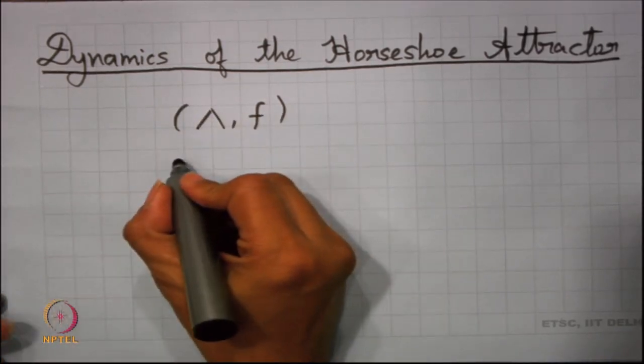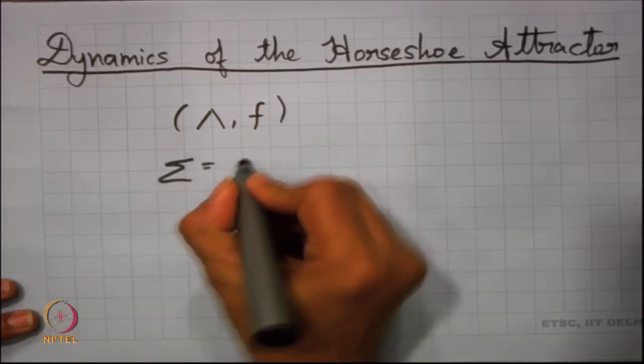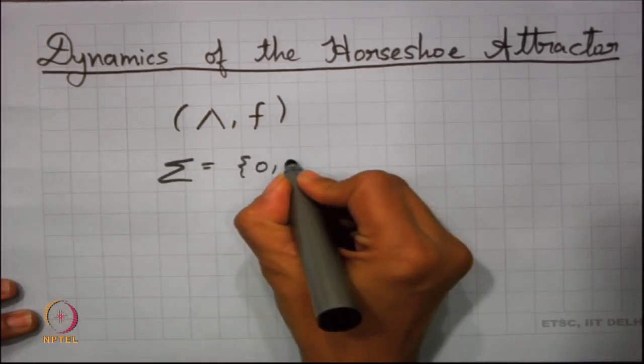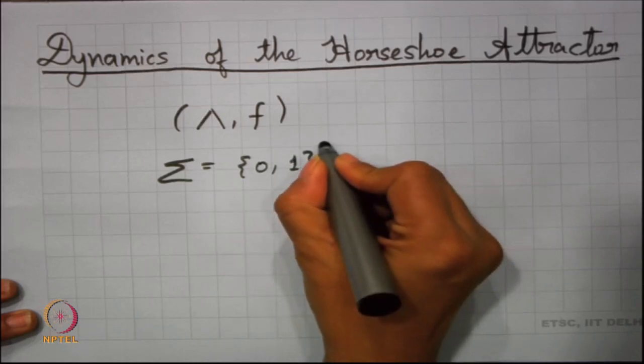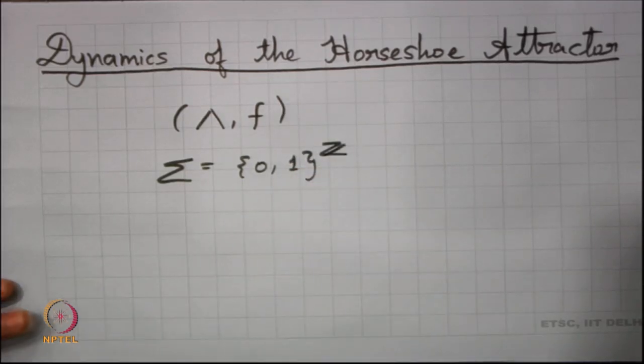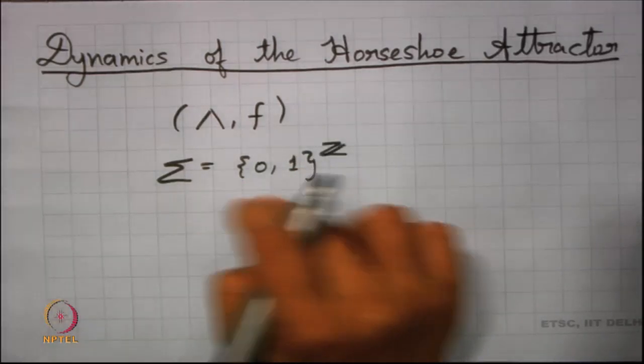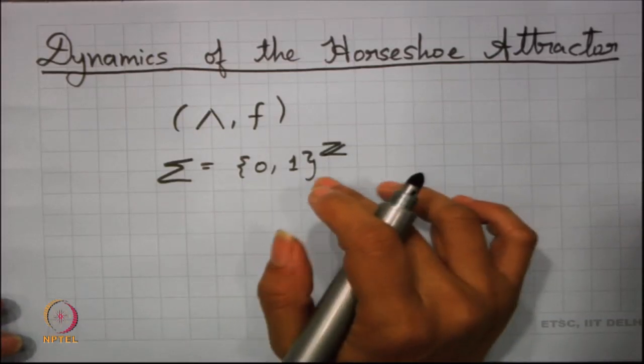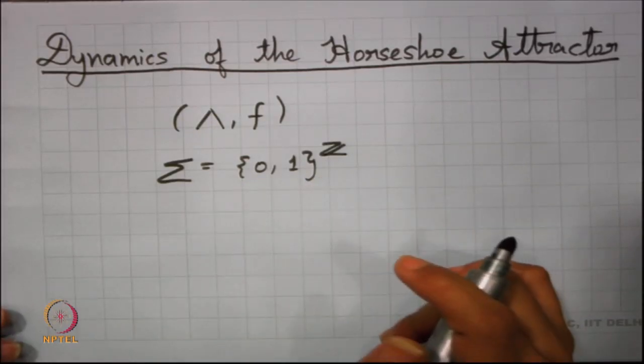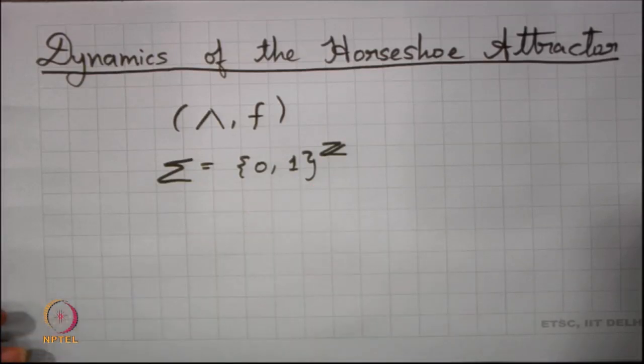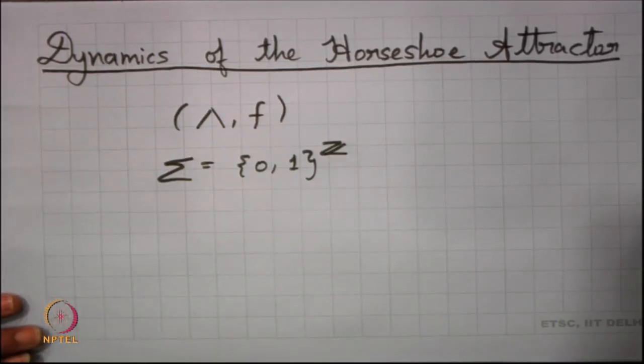So, we have this space sigma. This is a topological space given the product topology, but we can also think of giving a metric to this space.